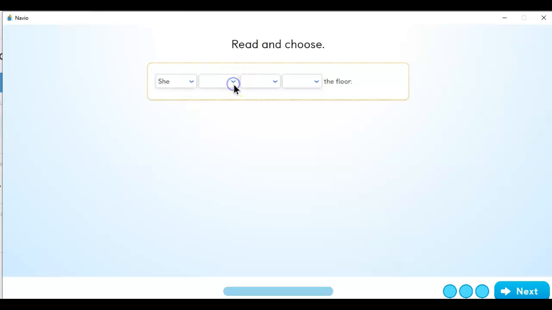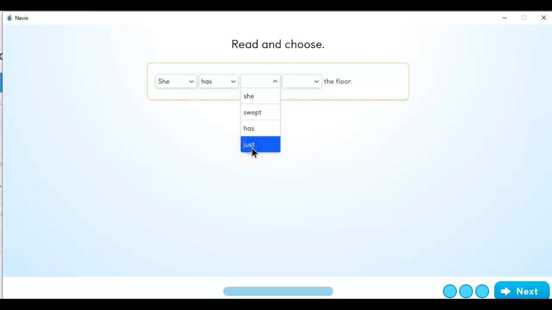Let's see the next option. She again, swept, has or just. From all these, this auxiliary has. Now, after has, we can have either the main action or the word that says it happened recently.